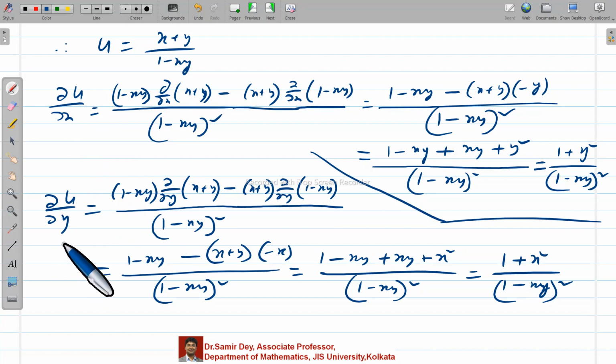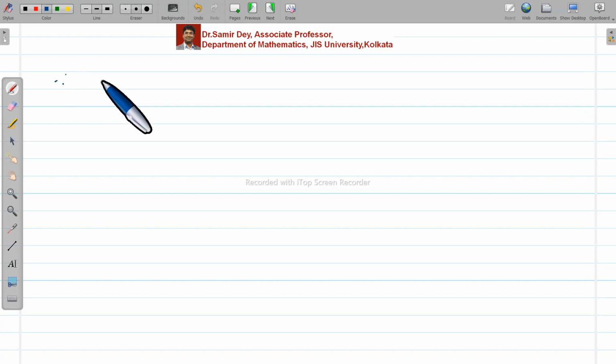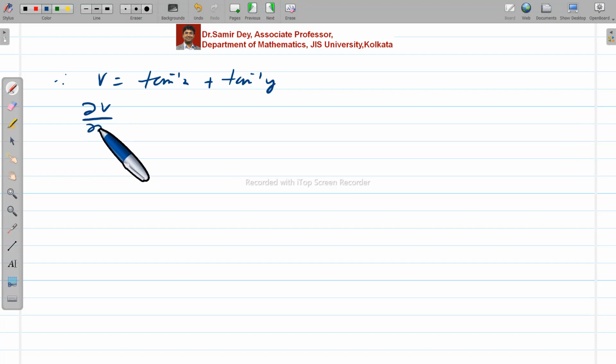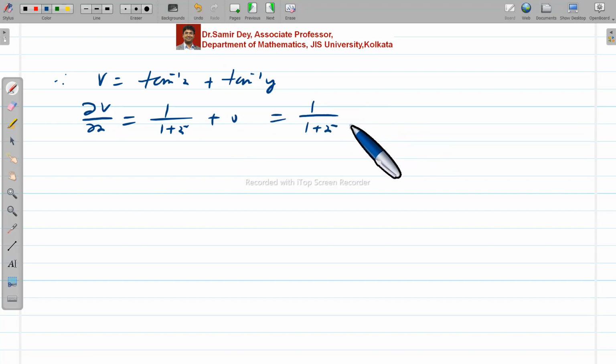Another part you need to calculate: v is equal to tan inverse x plus tan inverse y. So del v del x is equal to 1 by 1 plus x square plus 0, that is 1 by 1 plus x square.